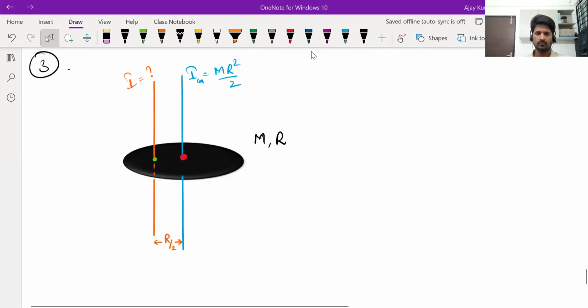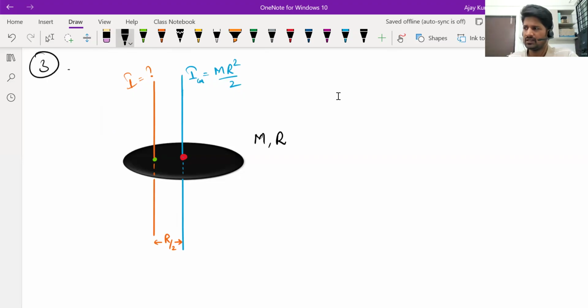Aishwarya, correct. Saket, any answer? Sir, MR by 2 of R plus 1.